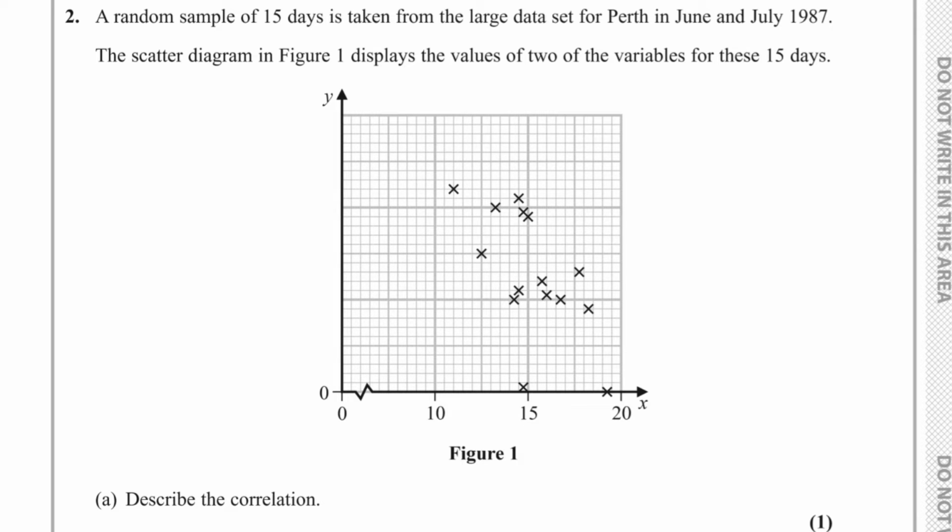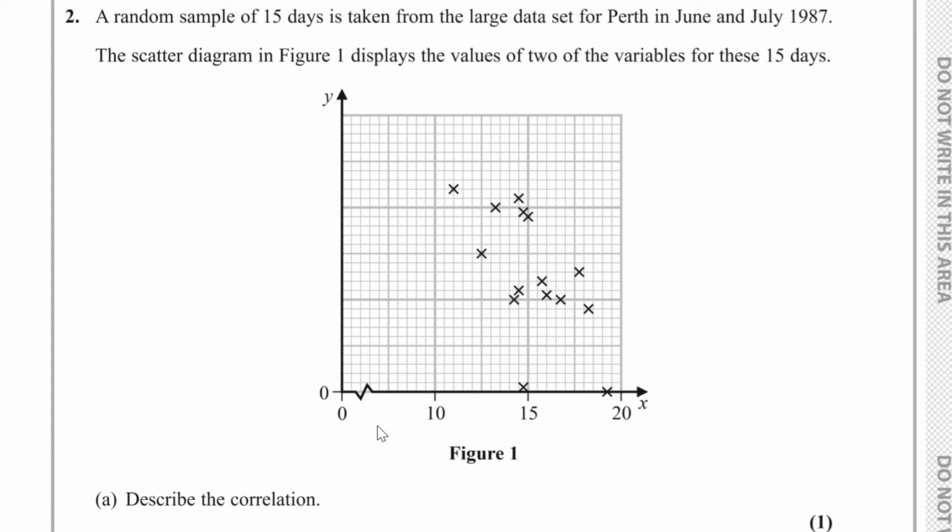Question number 2. A random sample of 15 days is taken from the large dataset for Perth in June and July 1987. The scatter diagram in figure 1 displays the values of two of the variables for these 15 days.